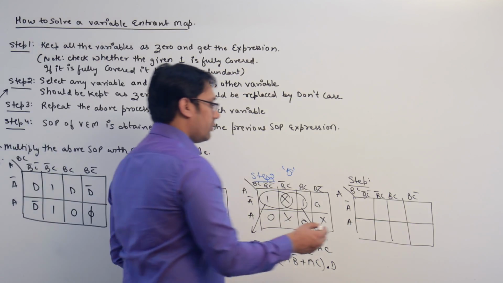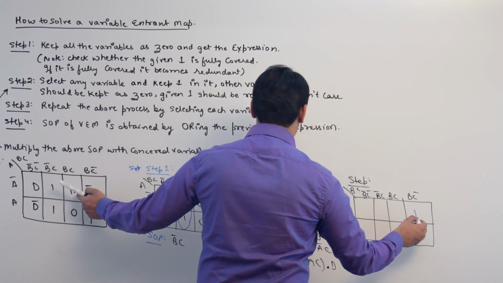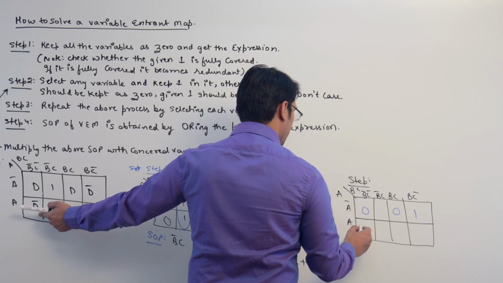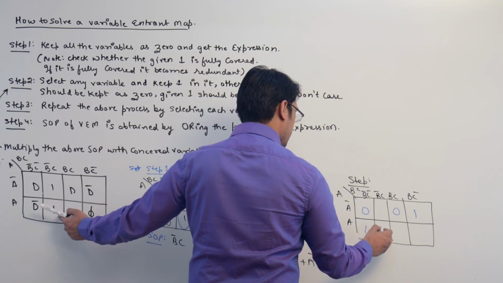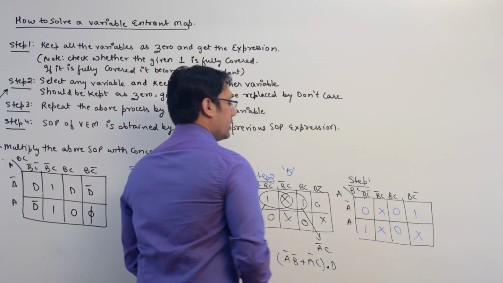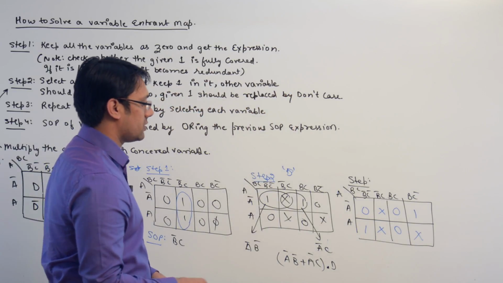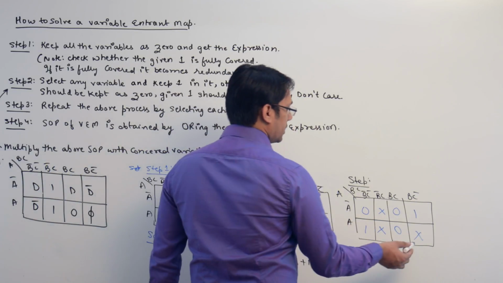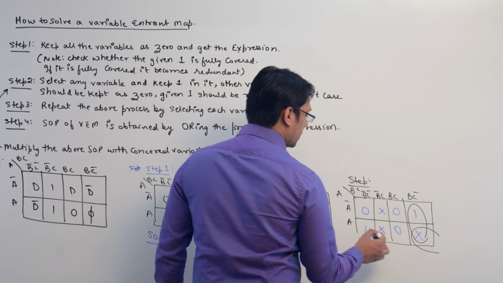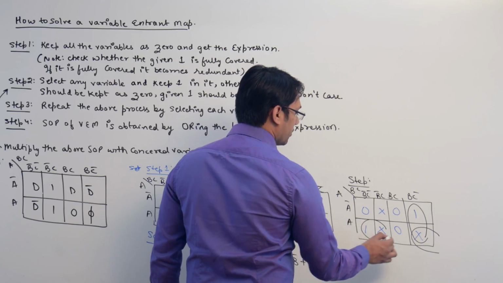So if you keep D complement as 1, keep D as 0, and keep 1 as don't care, this is 0 and this is don't care. Now for this, get an SOP expression. What combinations can you make? One combination can be this, and the second combination can be this, or you can also make a combination like this.